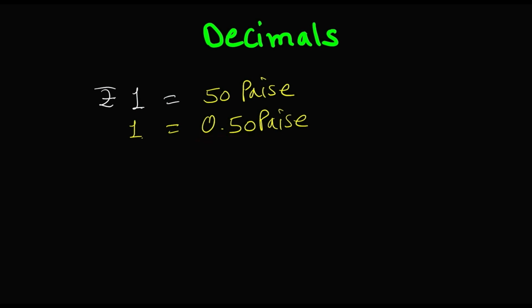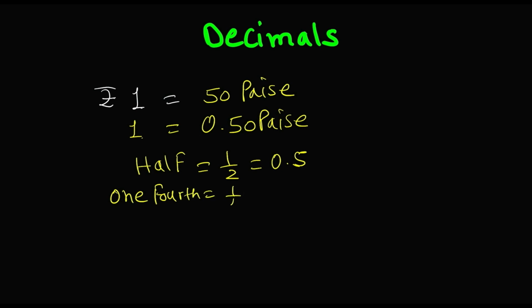A decimal is another way of writing a fraction. For example, suppose I write here half equals 1 by 2. So we can write it as 0.5. Now for 1/4, we can write 1 by 4 equals 0.25, right?